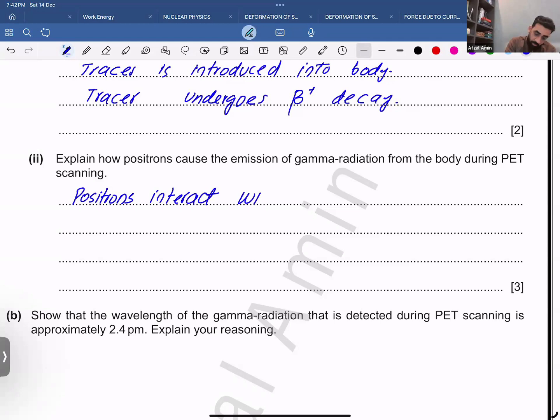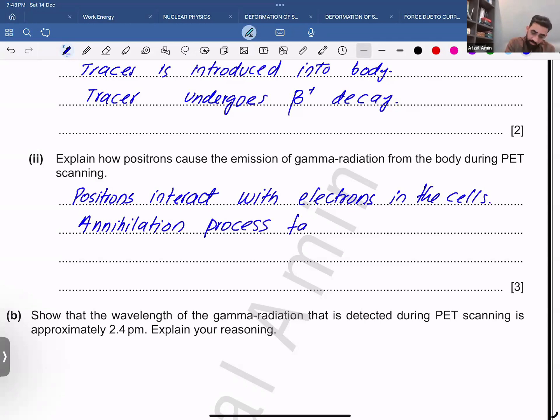Positrons interact with electrons in the cells. Annihilation process takes place. Spelling: A-N-N-I-H-I-L-A-T-I-O-N. Annihilation process takes place.